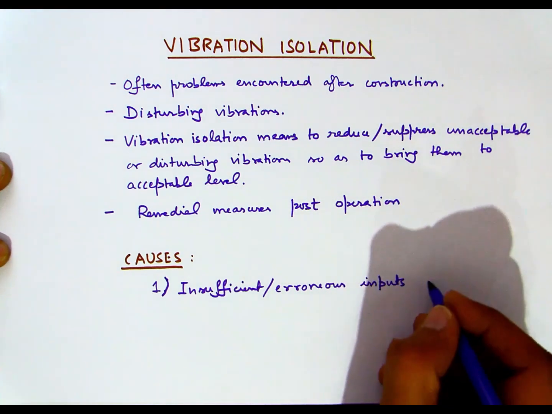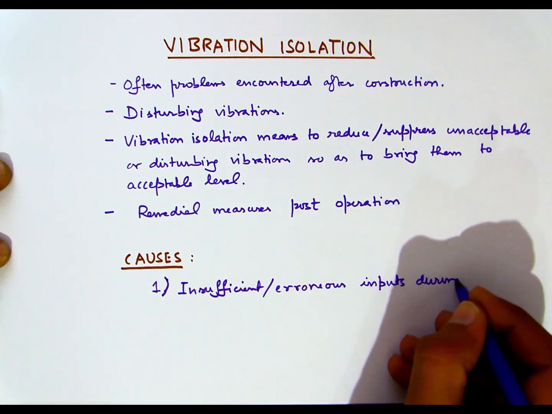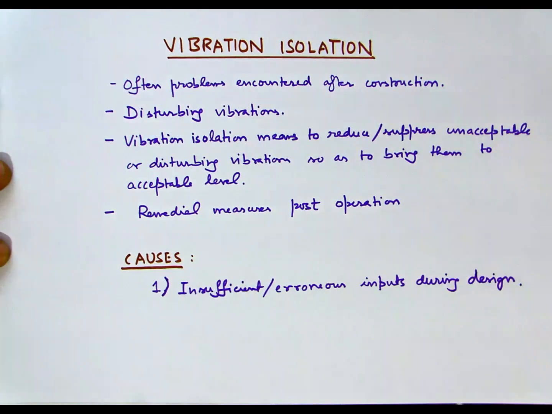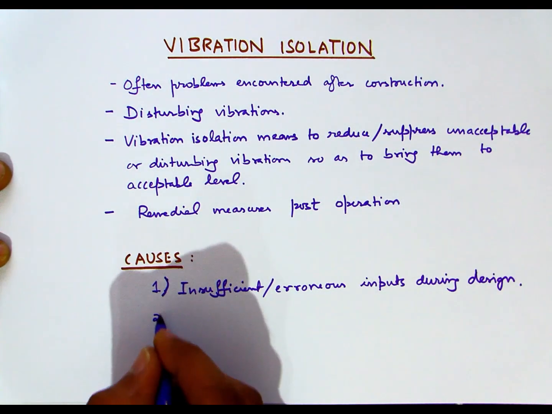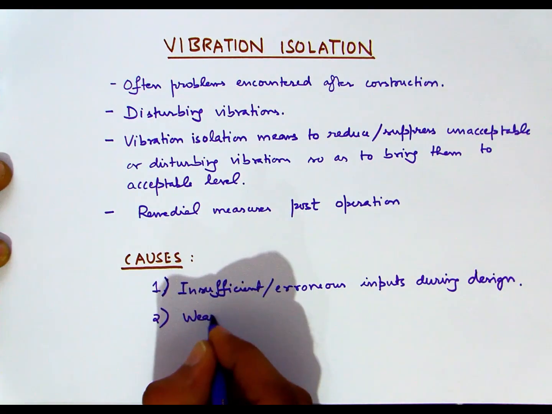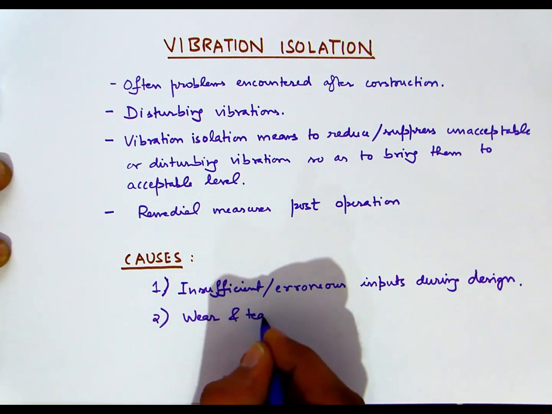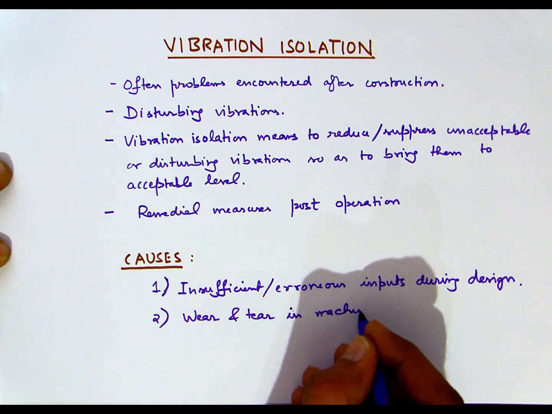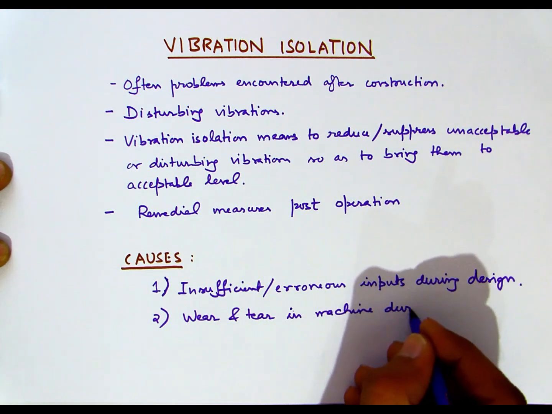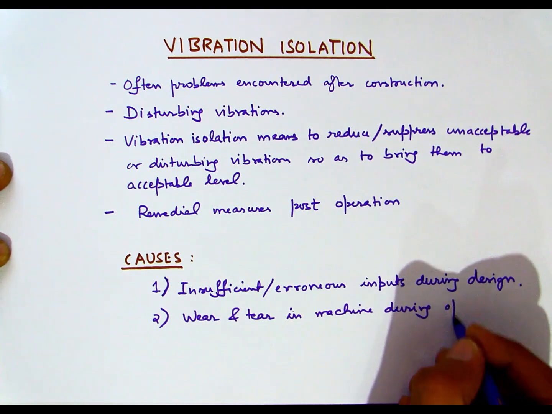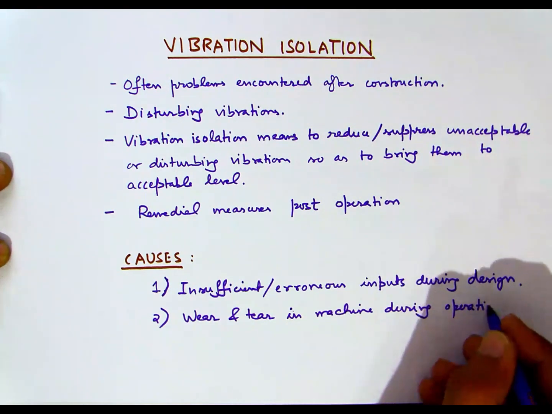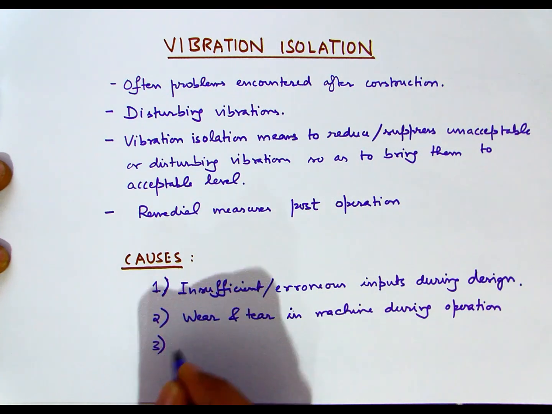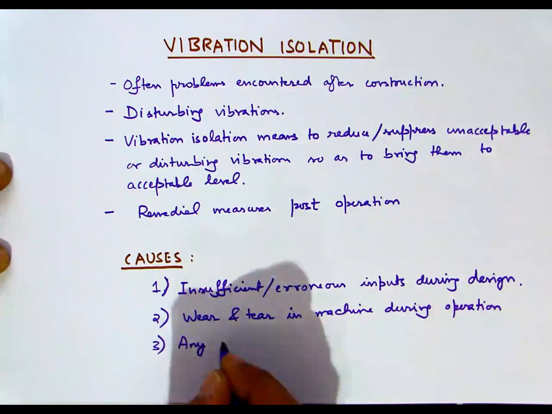Many parameters associated with soil are a subject of statistical variation and uncertainty. Another possible reason could be the introduction of wear and tear in the machine. Now it is a common observation that older machines generate higher levels of vibrations. Or there could be any other unanticipated reason not considered during the design.